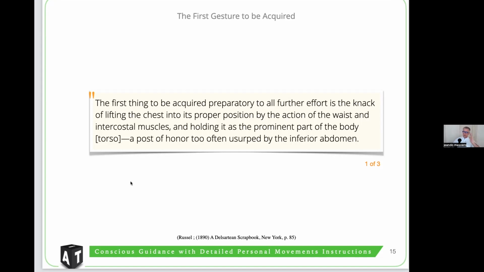The first idea, when you are learning the Delsarte system, preparatory to all further work, is the knack. The knack is something you control, something you can understand, and therefore perform in front of an audience, on stage, or in front of a camera if you want. So, lifting the chest into its proper position by the action of the waist and intercostal muscles and holding it as the prominent part of the body.